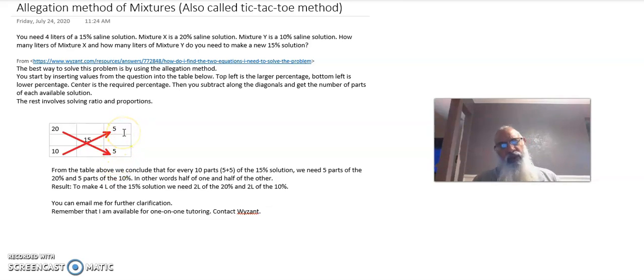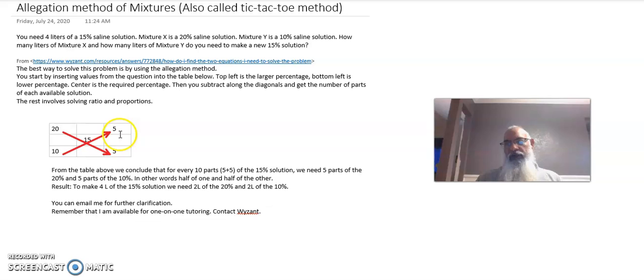Now this question is kind of unique in the sense that it's asking for equal parts here, but that's not always the case. So sometimes you'll find that you have a 30% solution, let's say, and a 10% solution, and you need a 15%, in which case, when you do the subtraction, this will come out to be different from equal.